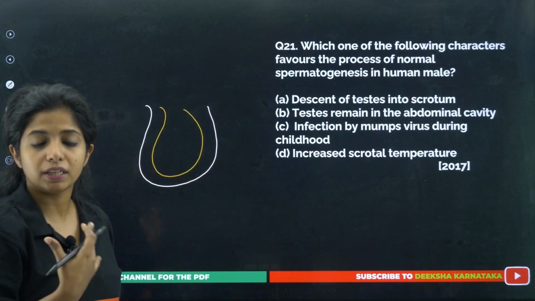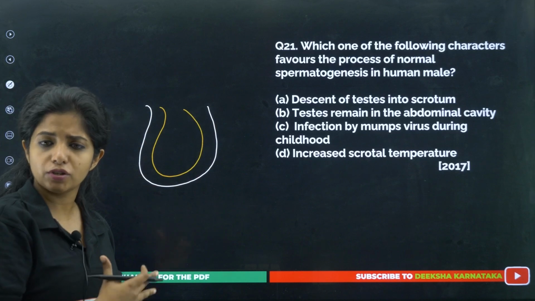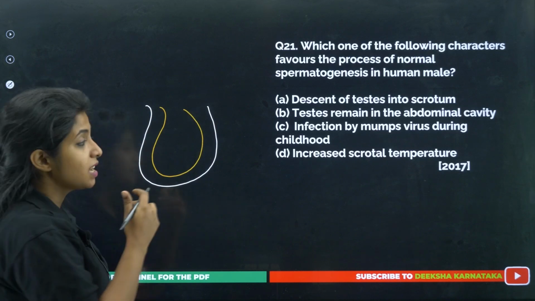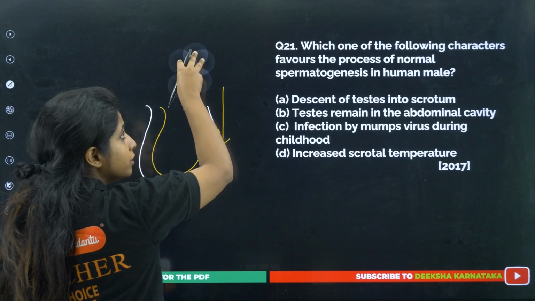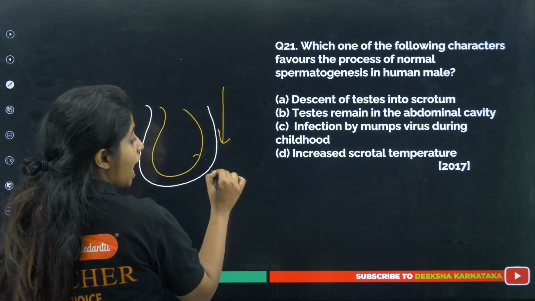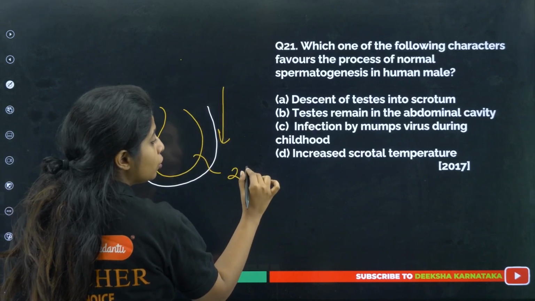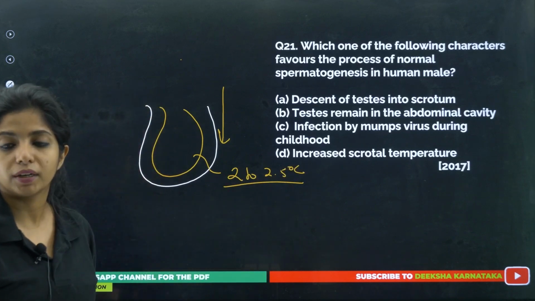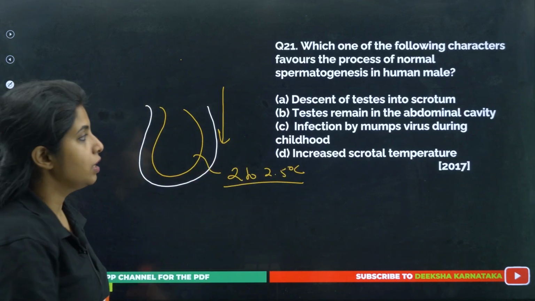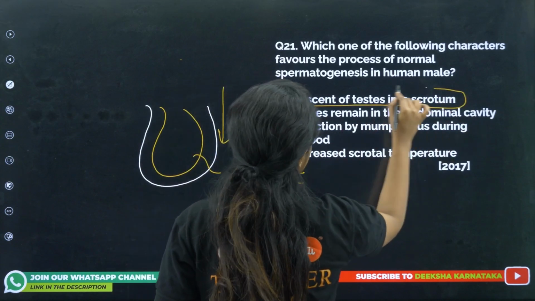This is known as descent of testis. Do you think this will help in the process of spermatogenesis? Yes, because if it is not moving down, do you think the sperms would be formed over here? No. There is high temperature, and for the formation of sperm, you need 2 to 2.5 degrees Celsius lesser than the normal body temperature. So this is very much important. This will be the answer, but let's see the other options also.